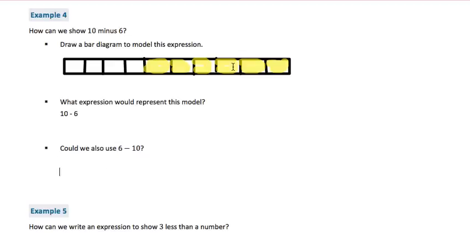Could we also use 6 minus 10? And hopefully you can see how completely wrong that is. So we know that subtraction is not commutative. You cannot change the order for subtraction.